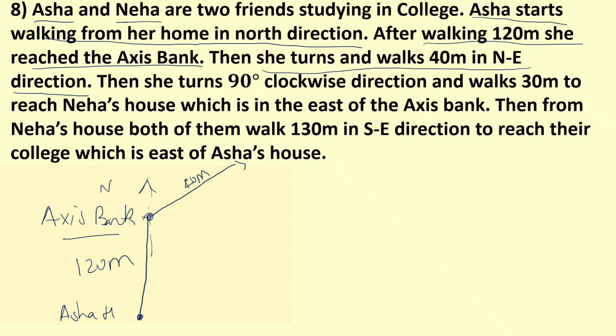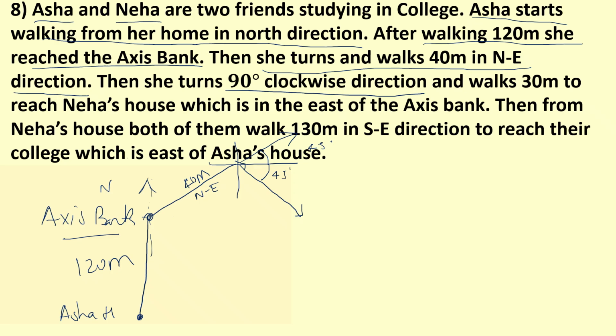Next, she turns 90-degree clockwise direction. Now she is here, facing northeast. If I draw the map, here it will be somewhere northeast, this will be 45 degree. 90 means here it will be somewhere in the southeast direction.